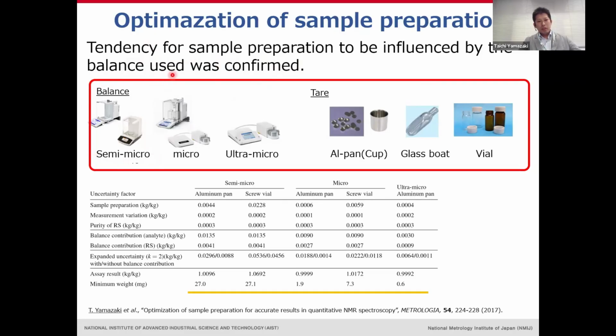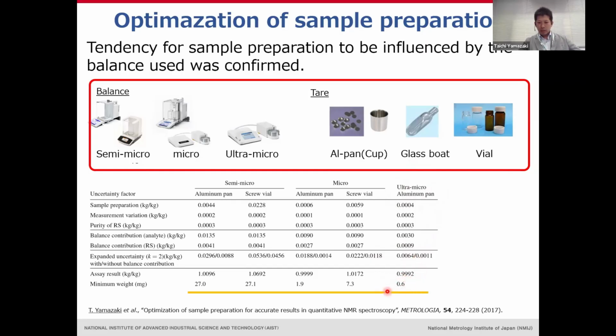Almost all participants used several kinds of balance: semi-micro balance, micro balance, and ultra micro balance. In the case of tare, there are many kinds: aluminum pan or cup, and glass boat and vials. This shows an ultra micro balance with an aluminum pan. So of course, using a high resolution balance and a light tare provides higher accuracy.